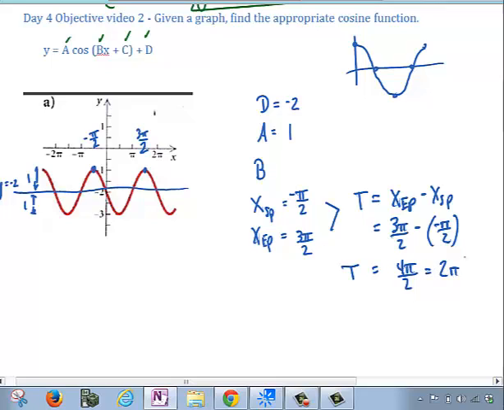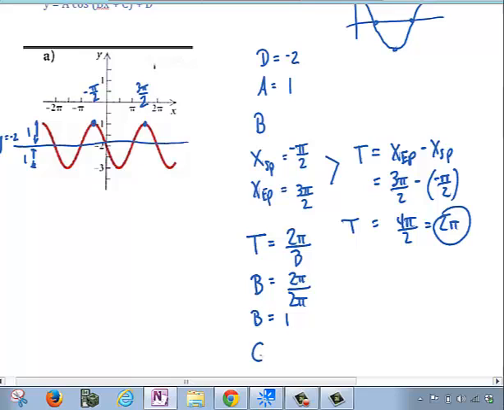So the period is 2 pi, and remember, period equals 2 pi divided by the frequency value, so we can solve for b by just switching the diagonals. So we have 2 pi over the period, which was 2 pi, forcing our frequency to be 1.